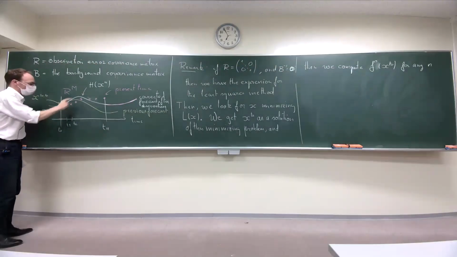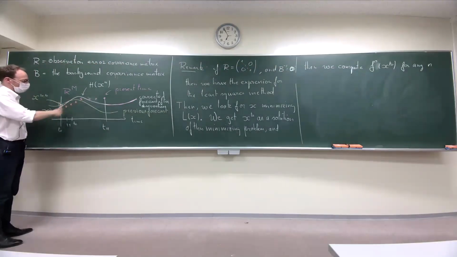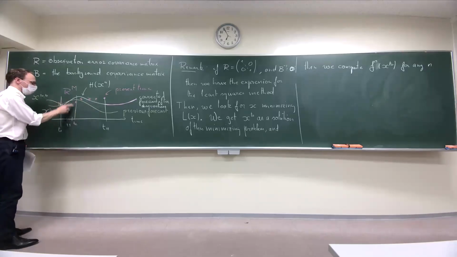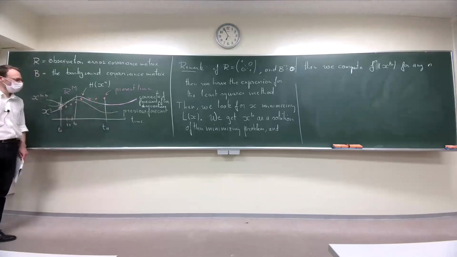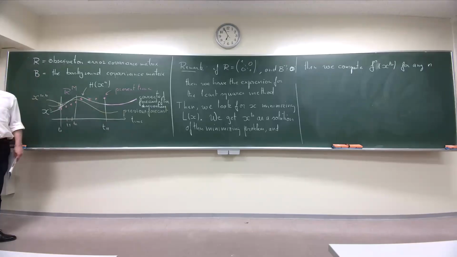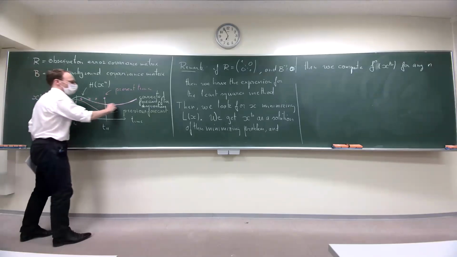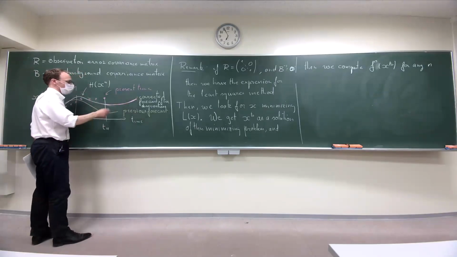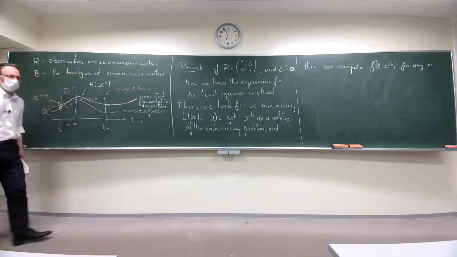And then we do it by smaller patches of observation, called windows of observations. When you have a forecast and later on you have new observations, you just repeat the method.